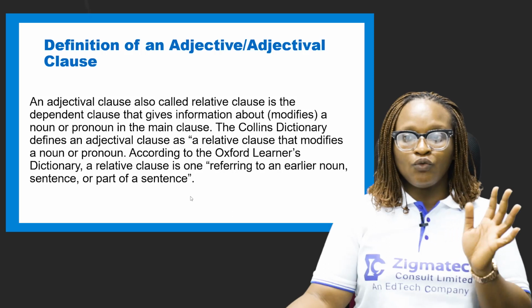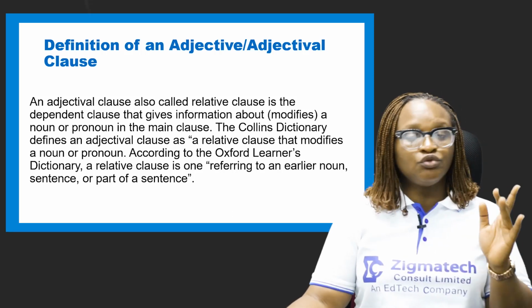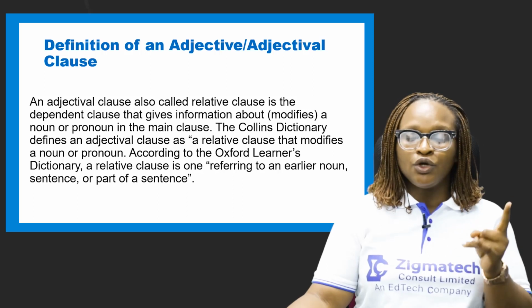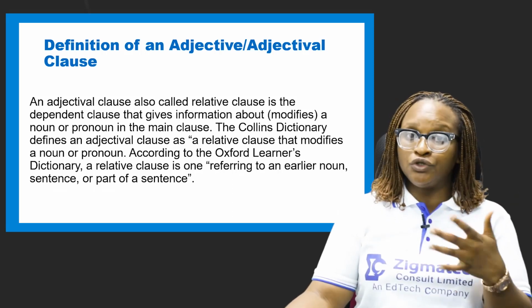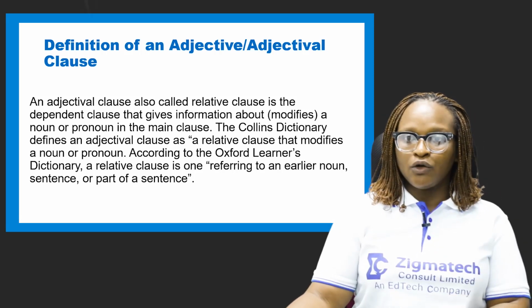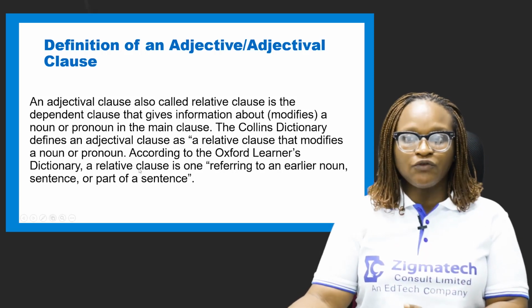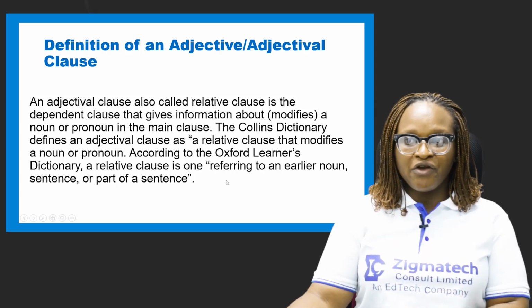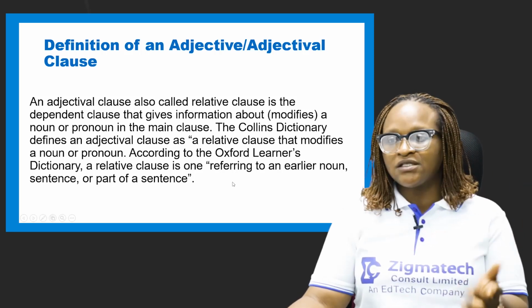So once you want to identify your adjectival clause, look out for these relative pronouns. As we continue, you will be acquainted with the relative pronouns which introduce the adjectival clause, which is the reason for calling it relative clause. Right, so according to the Oxford Learner's Dictionary, a relative clause is one referring to an earlier noun, sentence, or part of speech.